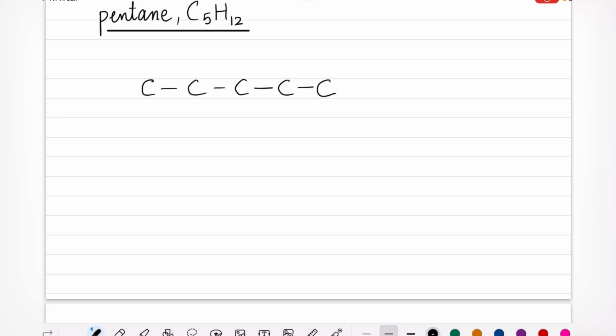The next possibility is that I will shorten the length of the carbon chain and take a branch at the second carbon. Always remember that at the first and the last carbon of the main chain there is no branch.